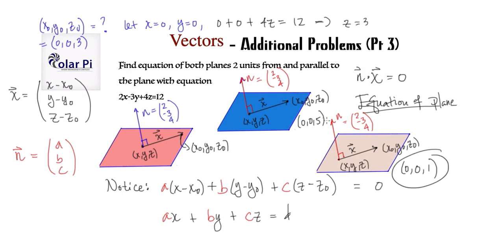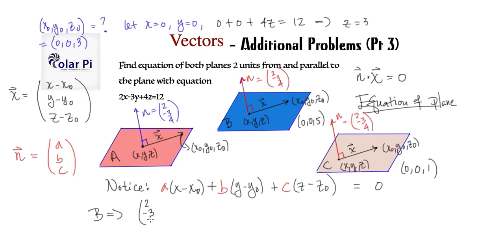And so now we can easily see the equation of the 2 other planes, which is what we're after. Let's call them planes A, B, and C. So for plane B, we've got the n vector is that, so we go n dot the x vector. The x vector is x minus x0, which is x minus 0, y minus y0, which is y minus 0, z minus z0, which is z minus 5 for the blue plane.